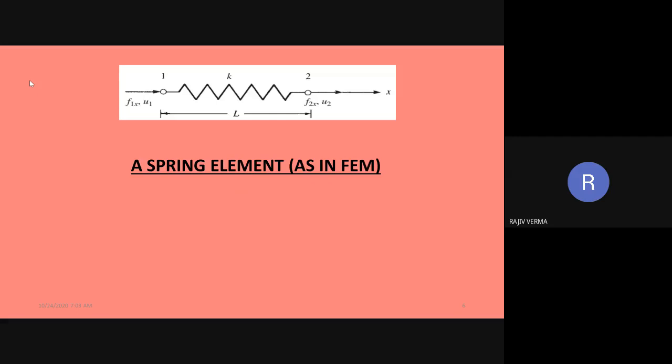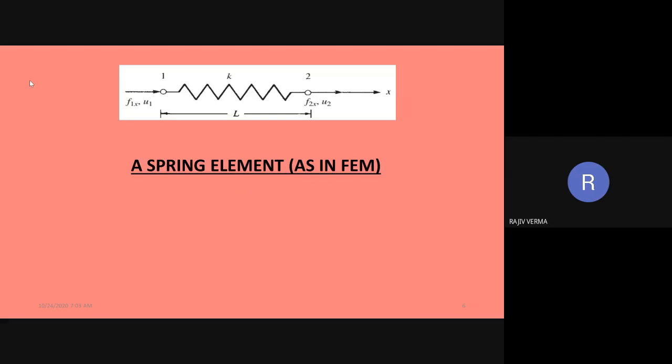It could have been the case that the right node is node number one and the left node happens to be node number two, in which case the convention is that the x-axis is going to be from right towards left. So the positive x-axis is always from node number one to node number two, but it is not necessary that the left node is node number one. The right node could also have been termed as node number one.